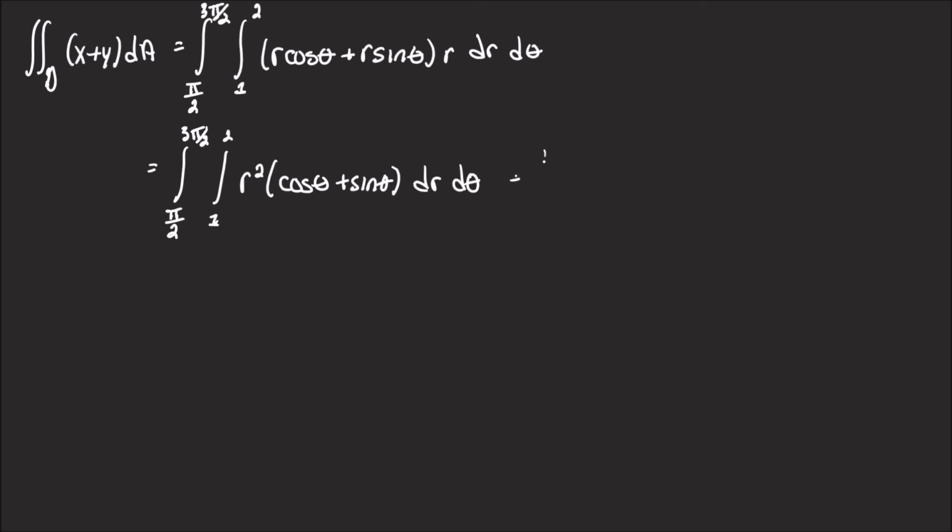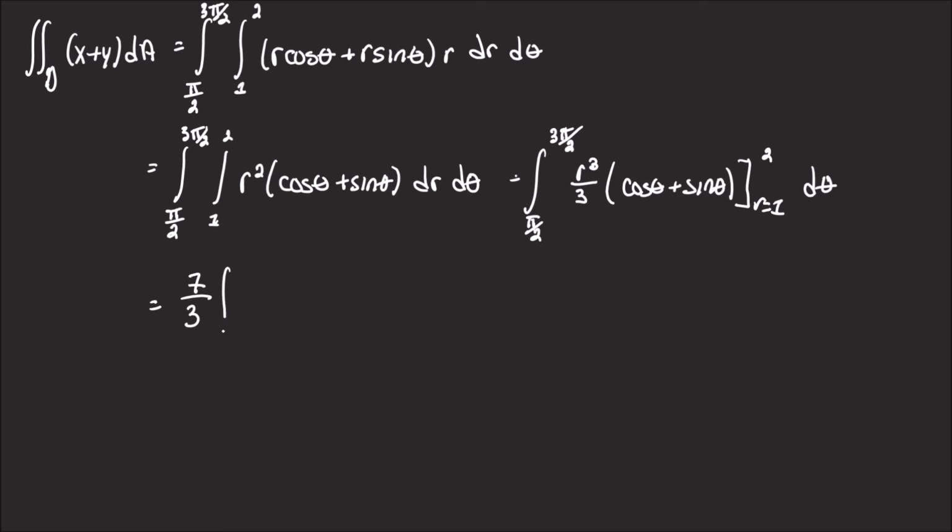So this is the integral from pi over 2 to 3 pi over 2 of r cubed over 3 times cosine theta plus sine theta, evaluated from r equals 1 to 2, and then we still have that d theta. So we'll wind up with 8/3 minus 1/3 is 7/3.